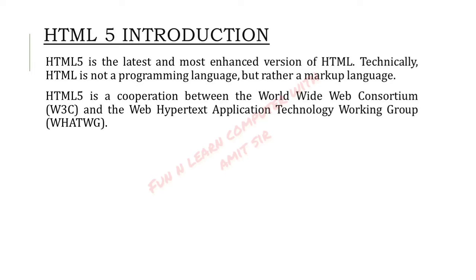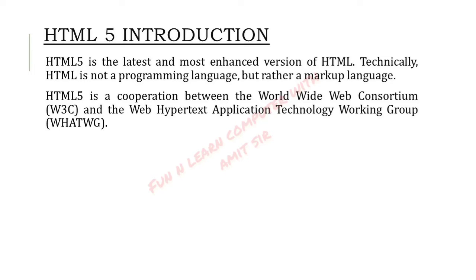As I already told, technically HTML is not a programming language, but rather it is a markup language. HTML5 is a cooperation between the World Wide Web Consortium, W3C, and the Web Hypertext Application Technology Working Group.